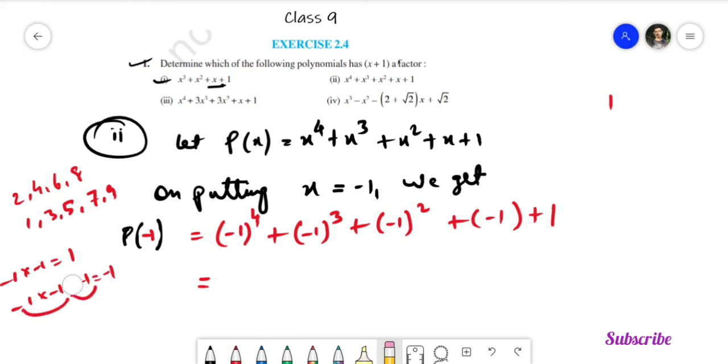I hope you have understood this one. अगर समझ में आया तो काफ़ी अच्छा, नहीं समझ में आया तो दोबारा देखो, you will understand it.